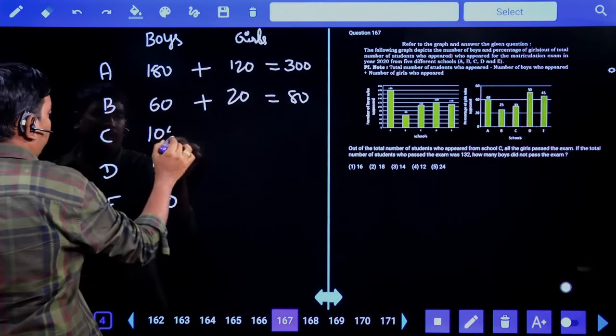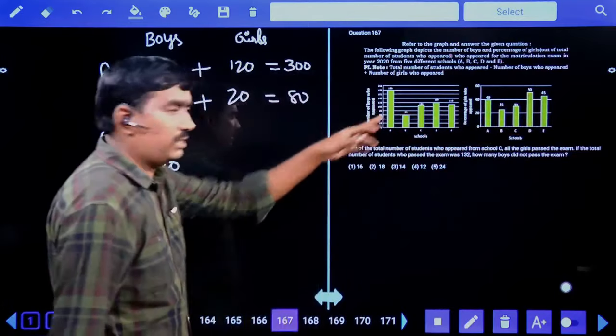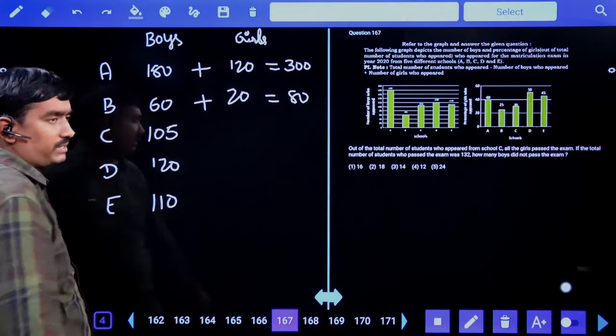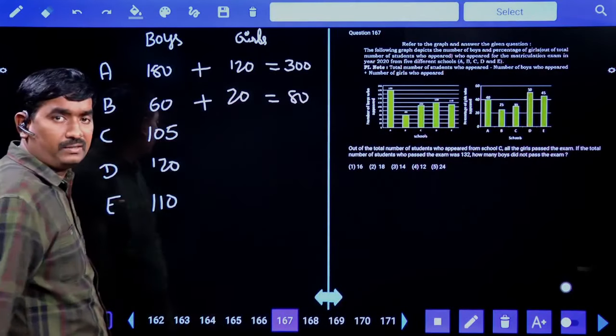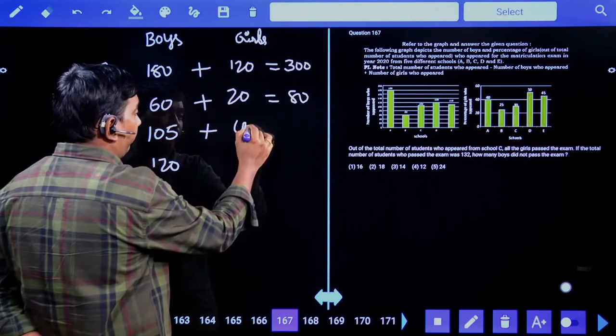If 70% value is 105, then 30% value is 45.